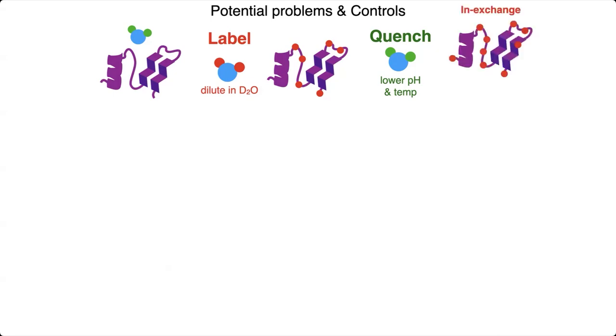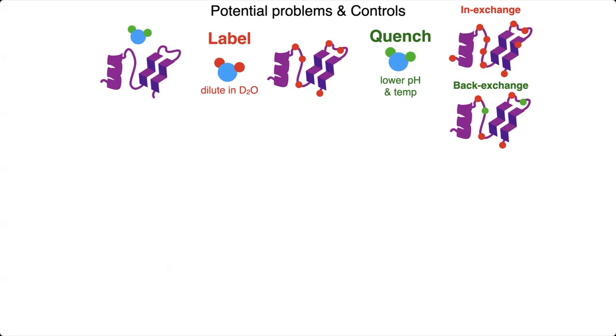So we can think about with a protein, you can have in-exchange, where more people are crossing the finish line after you take the picture. More deuterium is getting added even after you wanted to quench it. And back exchange, where when you quench it, you're quenching it in normal water. So some of the deuteriums that had exchanged in can swap back for hydrogens.